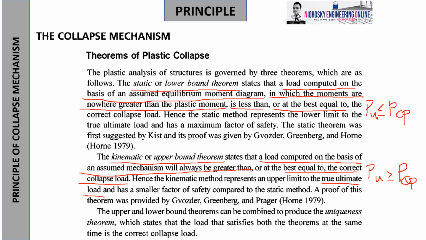So the upper and the lower bound theorems, which are the static and kinematic, can be combined to produce the uniqueness theorem. So usually yung mga element na we cannot identify if that is static or dynamic.